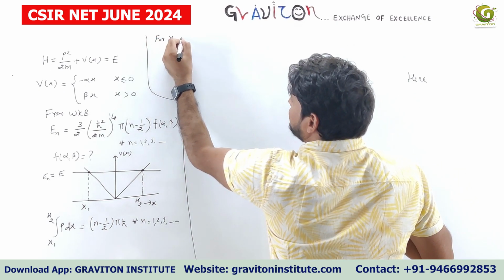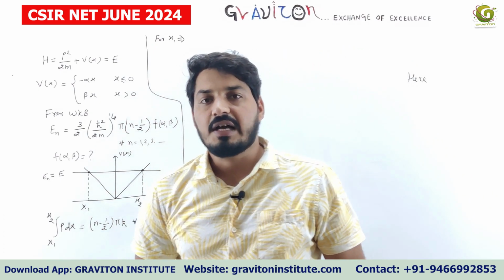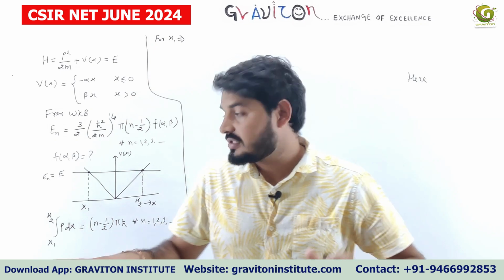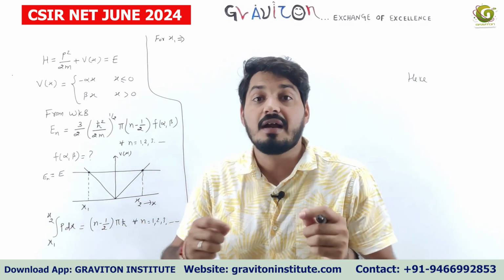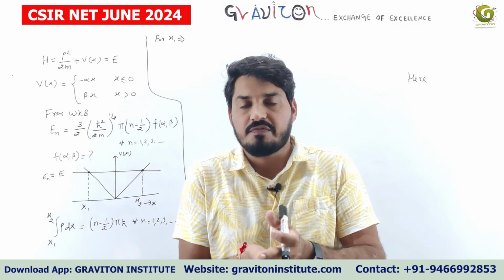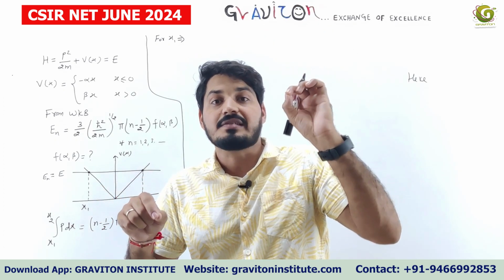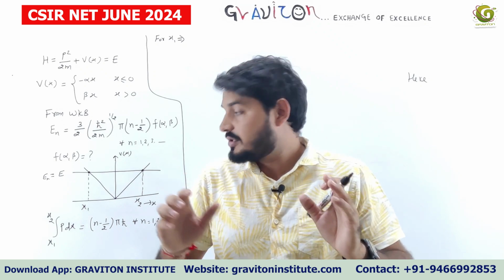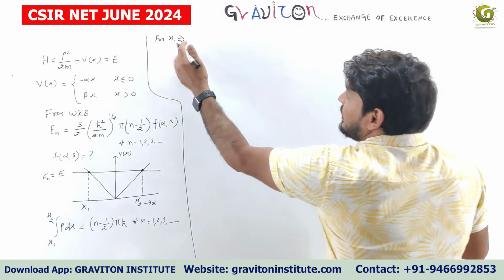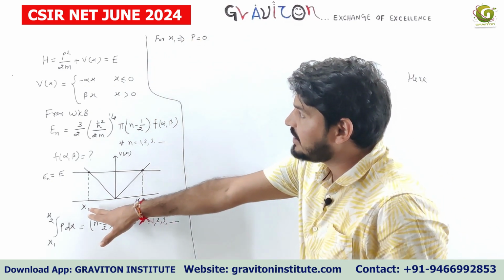For x1, what can you do? You know that in classical mechanics, x1 and x2 are the turning points. When you plot the phase curve between x and px, at these turning points the momentum is always 0. So p is 0 at the turning point.